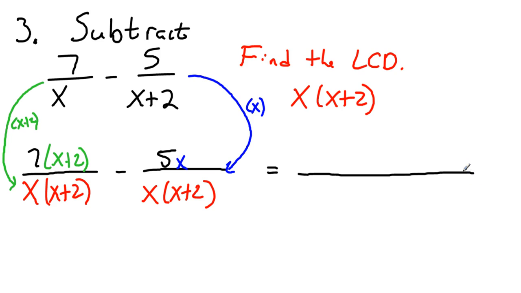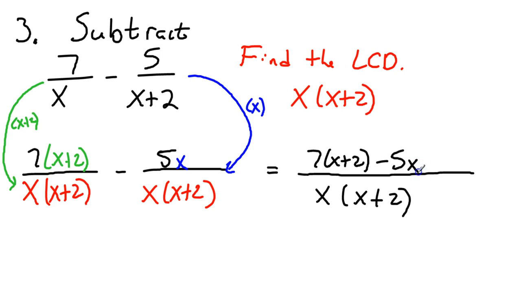Alright, now before you start canceling, remember for this one, you've got to put it all together and make it one big ugly fraction before you can do any cancellations. That you've got x times x plus 2. Well, you've got to bring over the first part, which was 7 times x plus 2, and then minus the 5x. So you're going to work on just the top part of it.